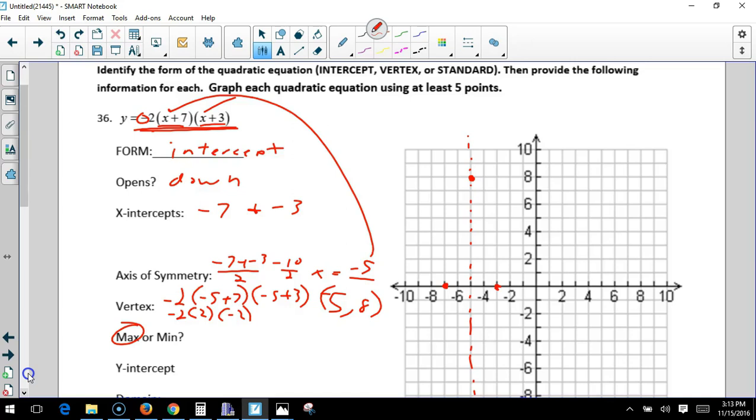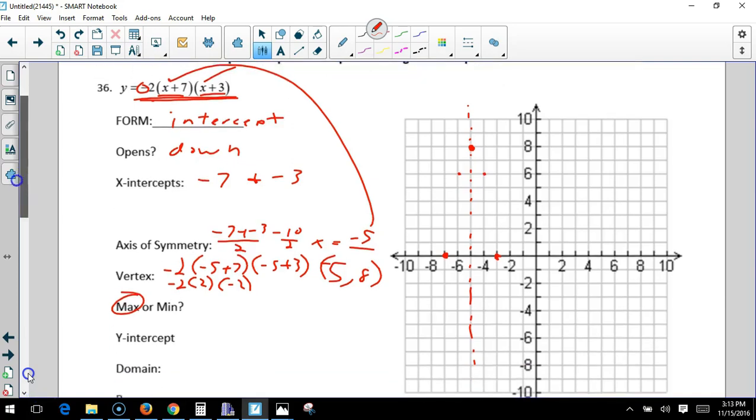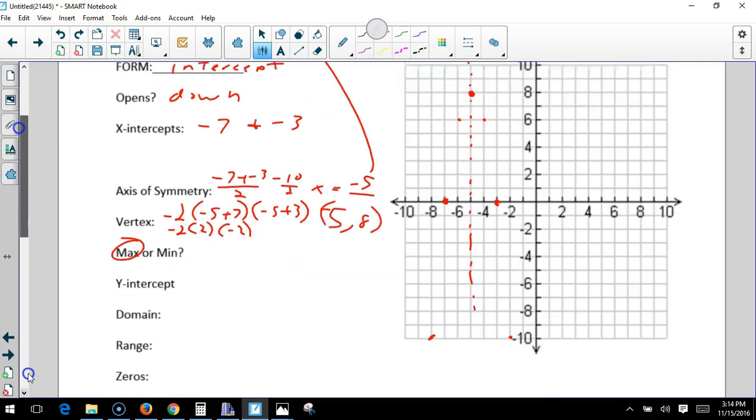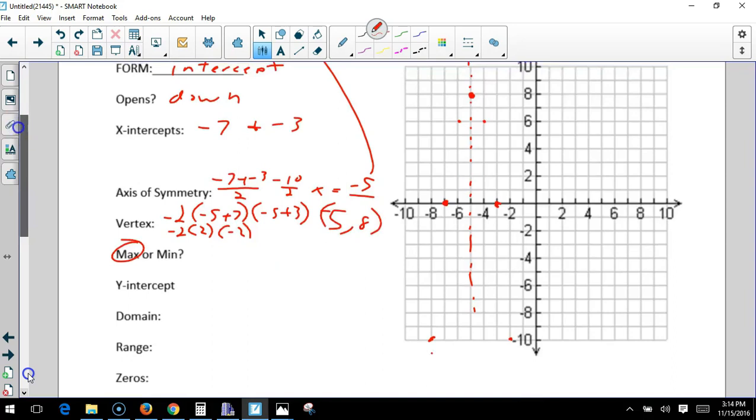You can put this in and get some other points, like negative 6, positive 6, and negative 4, positive 6, and even negative 2, negative 10. And negative 8, negative 10. So that gives you a good idea of what this is going to look like, something like that. That was pretty bad.